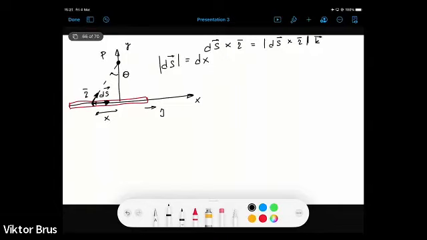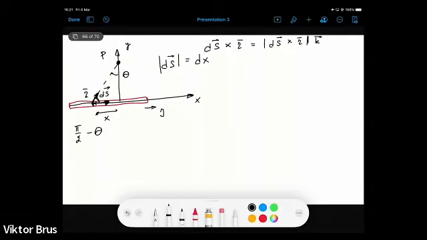And the magnitude of the unit vector r is unity, so we just need to take into account the orientation between these two vectors, meaning the angle between the ds vector and the r unit vector. So this angle will be pi over 2 minus theta.